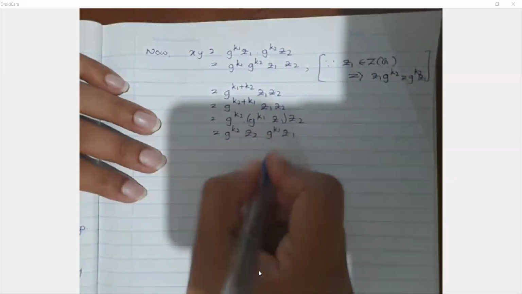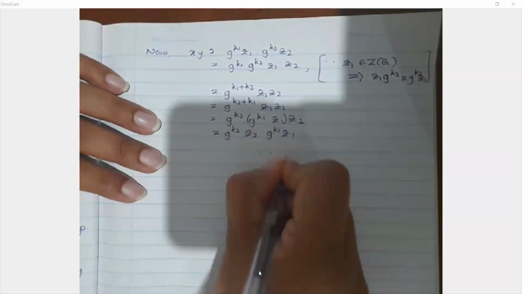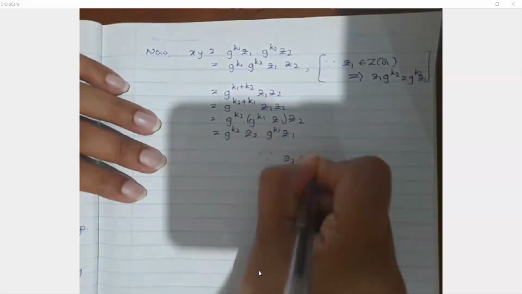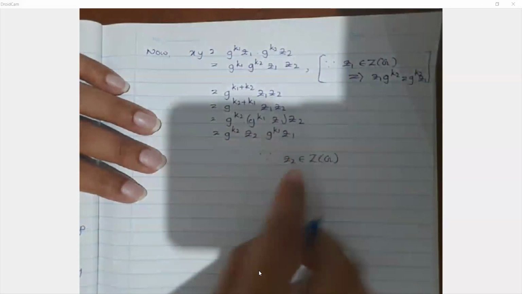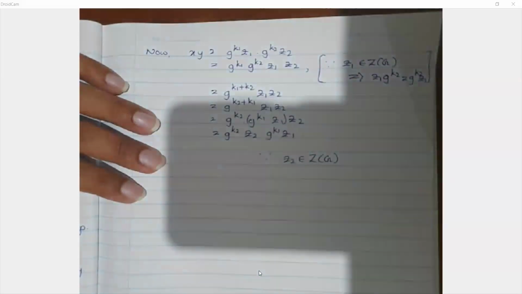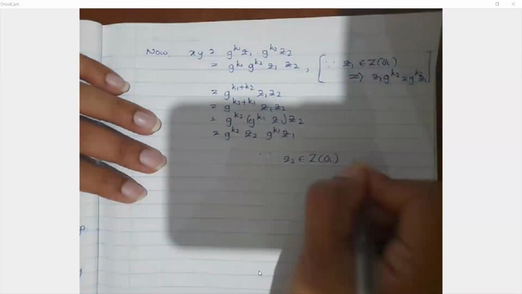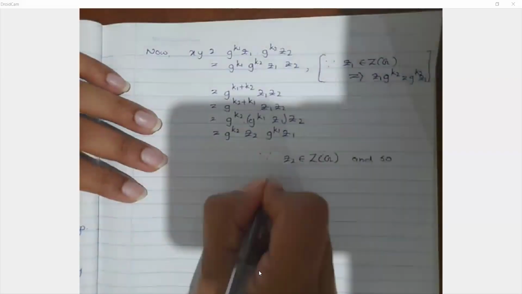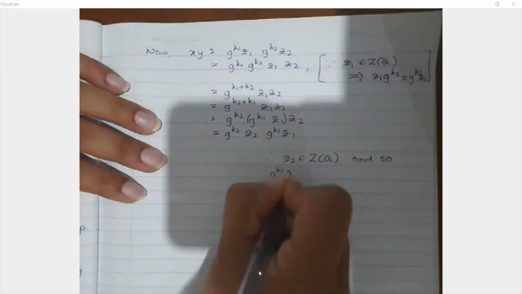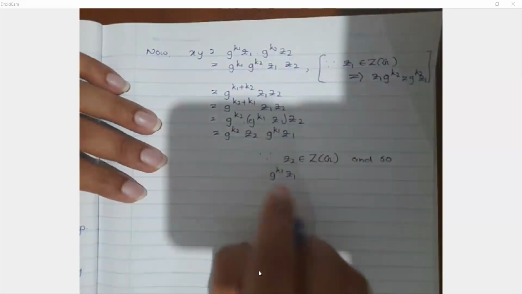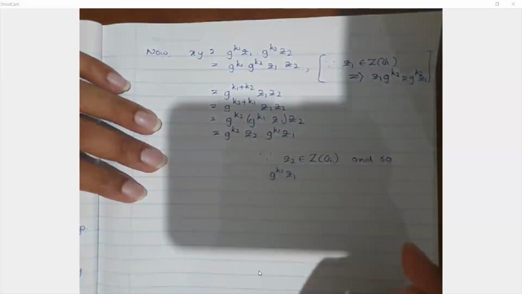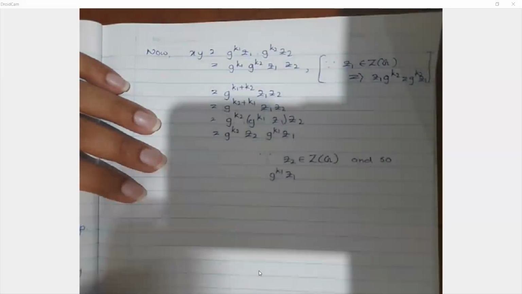This is because we have z2 in the center. That means this element would commute with any other element in the group.